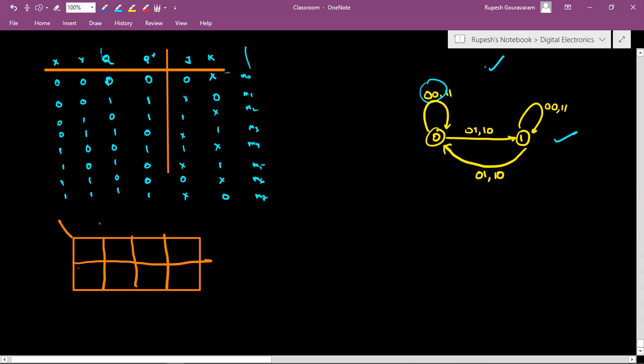Now this is x, and this is y and Q. So x can be 0 and 1.